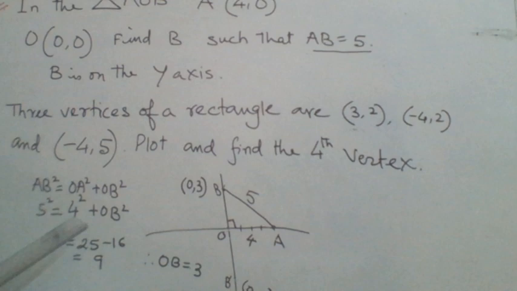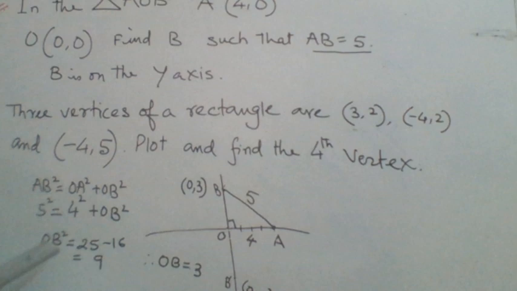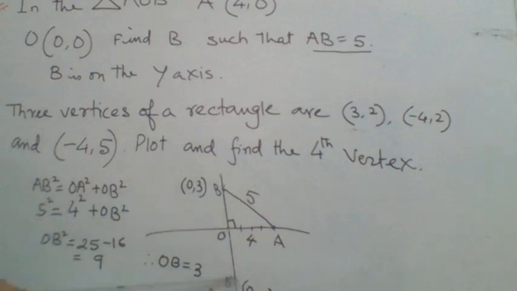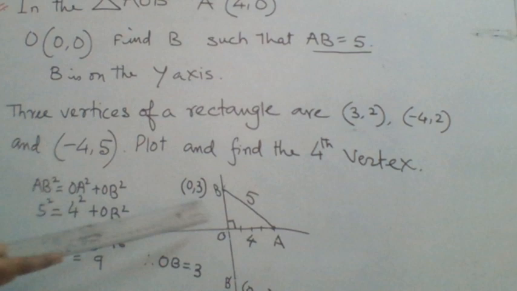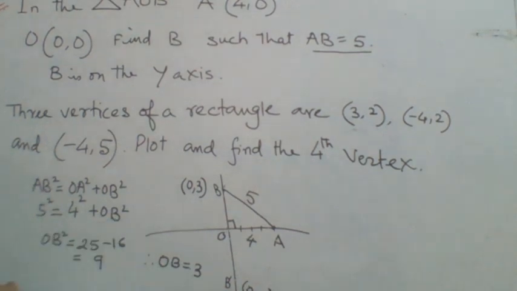So 5 square equal to 4 square plus OB square. OB square will be 5 square minus 4 square. In this way you get OB equal to 3. So the coordinate of B could be on the positive y-axis or negative y-axis. So this is your 0 comma 3, because this is 3 unit. X is 0, y is 3, and in another case, it could be 0 comma minus 3.